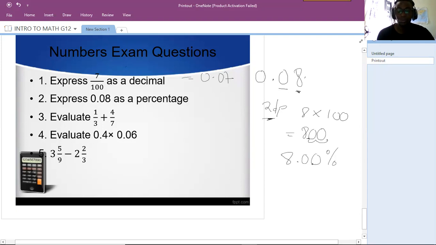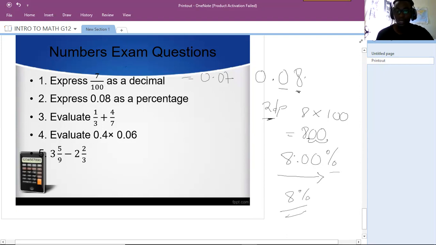But don't write 8.00% because later on when we talk about significant figures, we're going to discover that these zeros at the end are practically not significant. So I'm just going to say 8%. So that's 0.08 as a percentage. Our answer will be 8%.